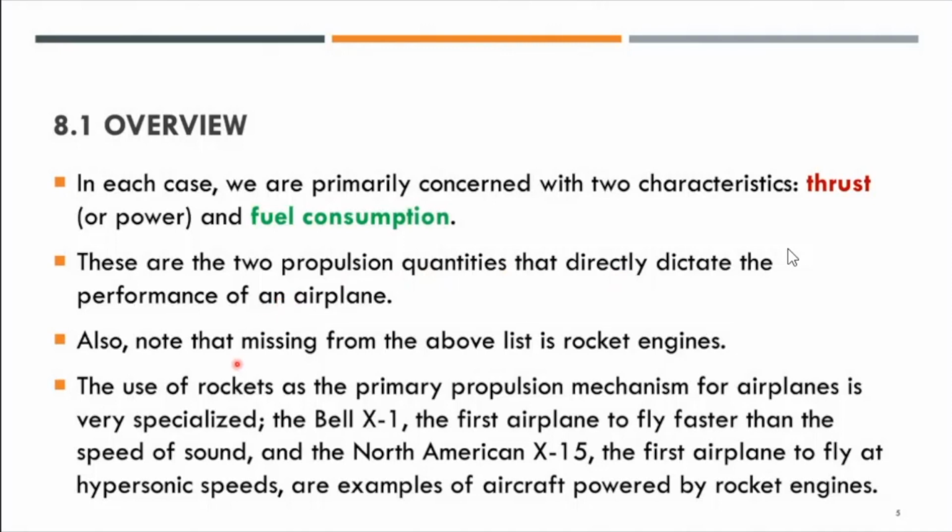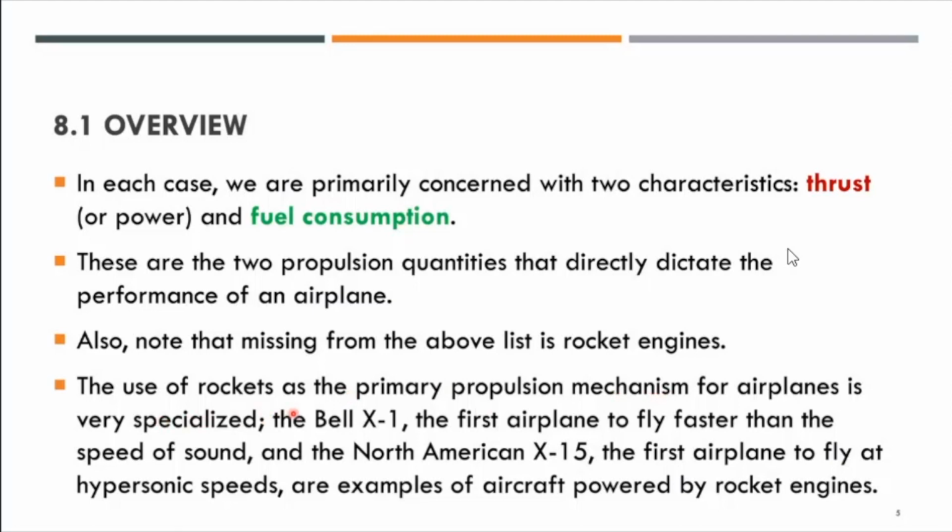Also, note that missing from the above list is the rocket engine. We will not look into the rocket engine in this particular course, but just to note, the use of rockets as the primary propulsion mechanism for airplanes is very specialized.